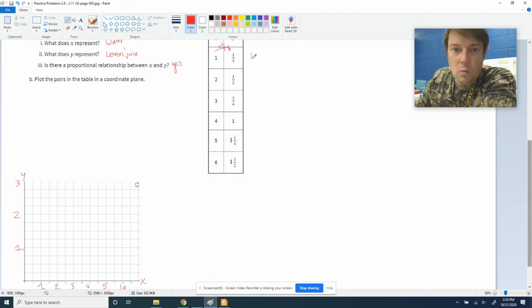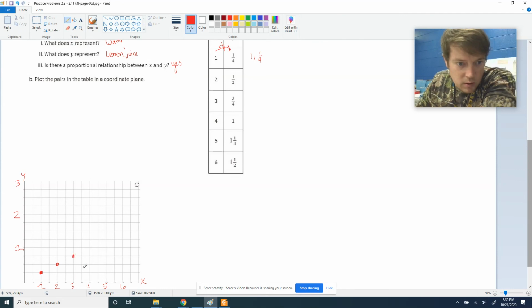This is 1, 1/4. So over 1, up a 1/4. Over 1, this will be up 1. This is up half. This is up a 1/4. So we're going to have that spot. Over 2, up a half. That would be right here, halfway up to 1. Over 3, up 3/4.